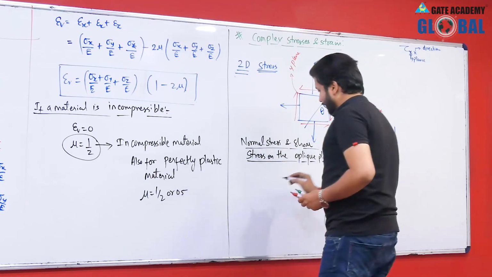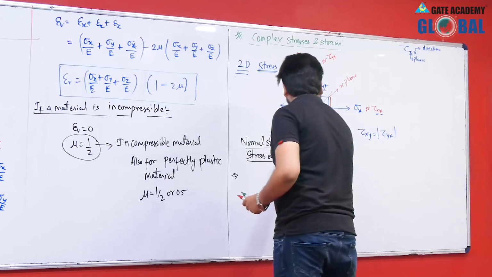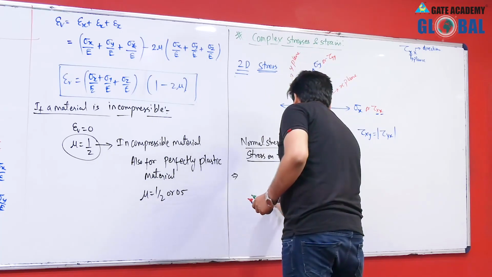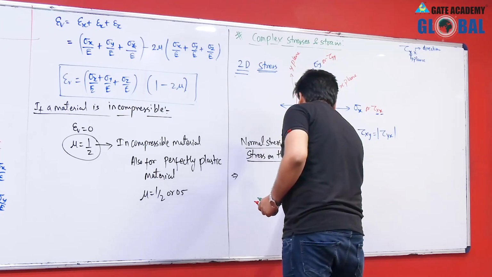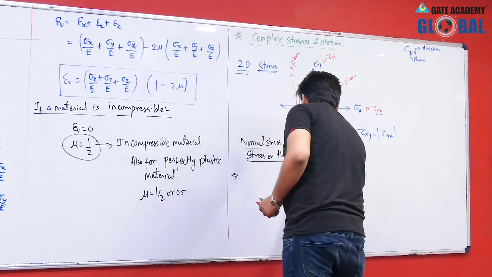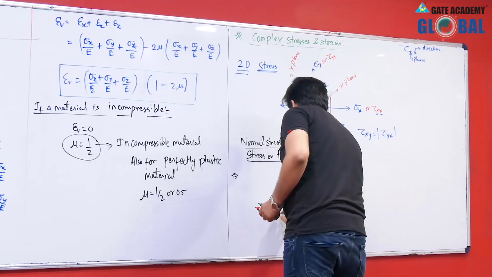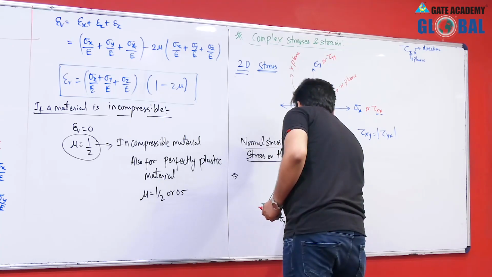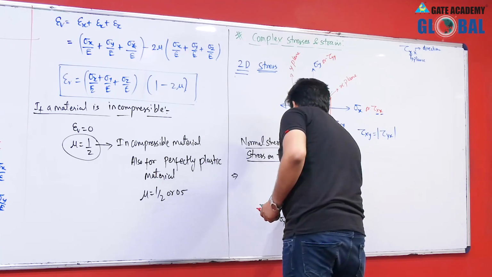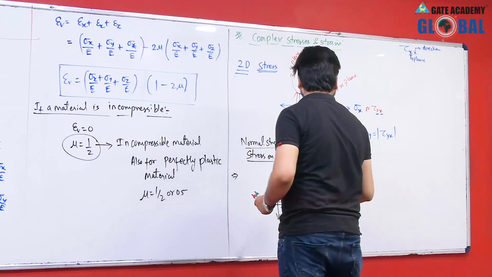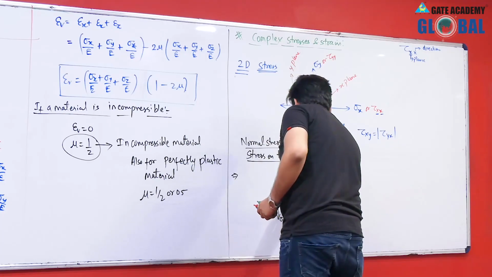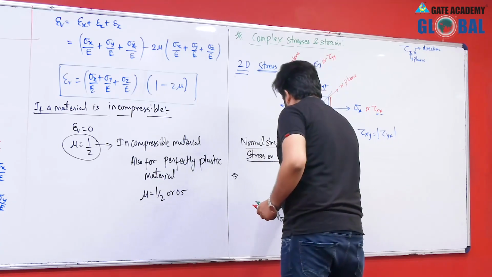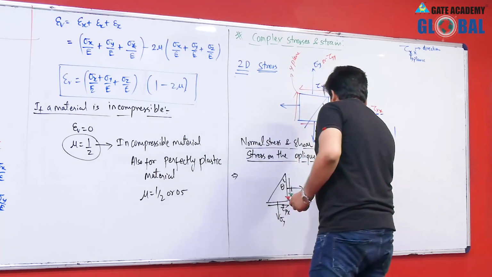So, this is the oblique plane like this, this is tau xy, this is sigma x, this is sigma y, this is tau xy, this is tau yx, okay. Here this is in this direction and this is in this direction, okay. This is theta.